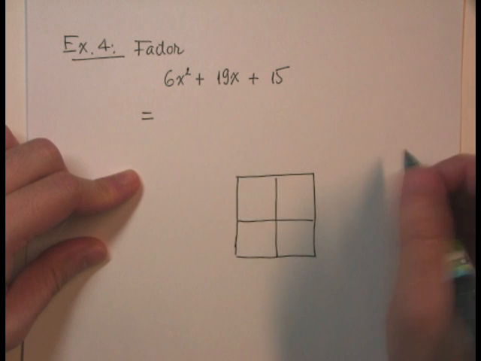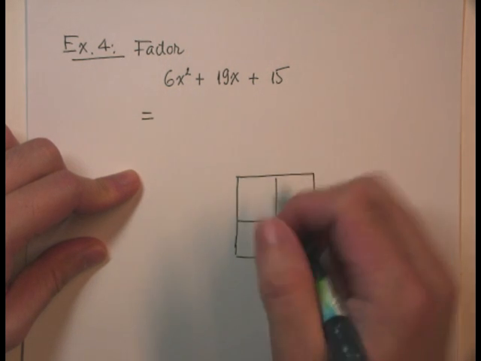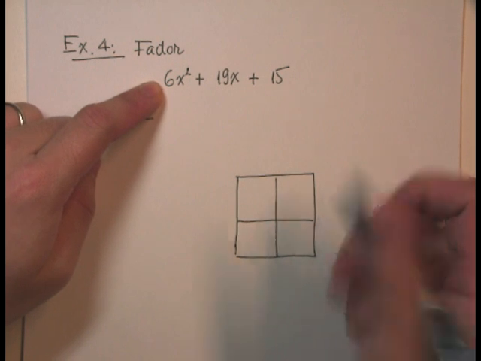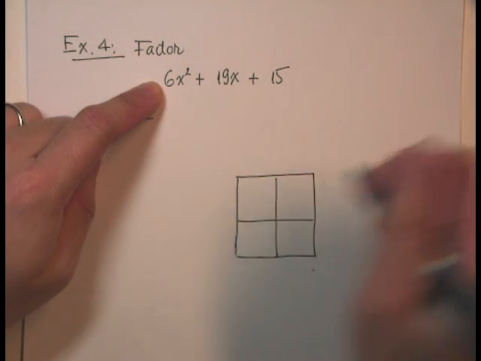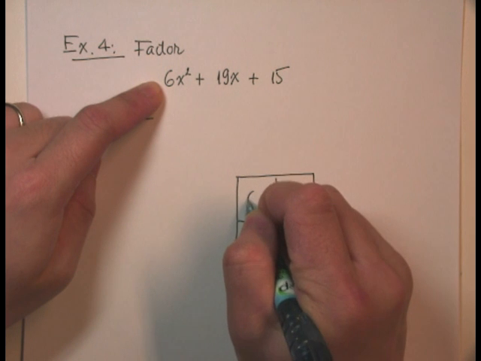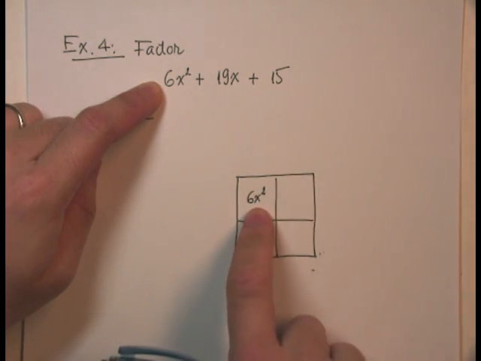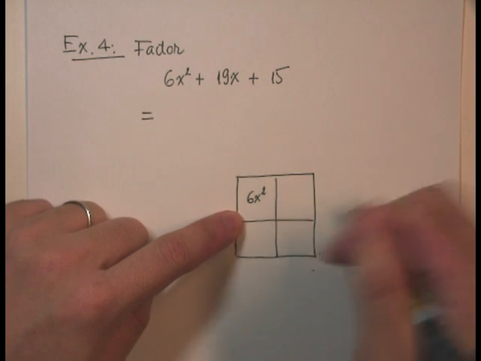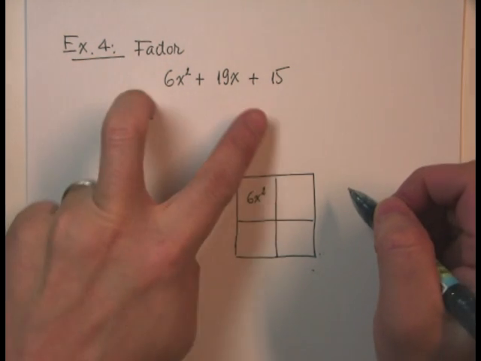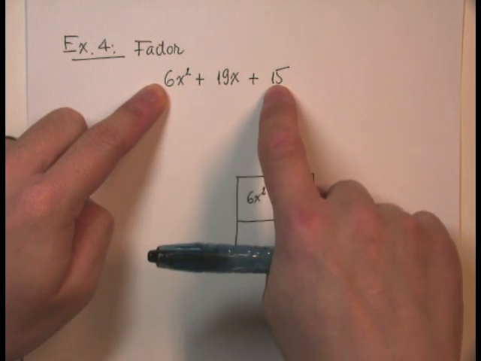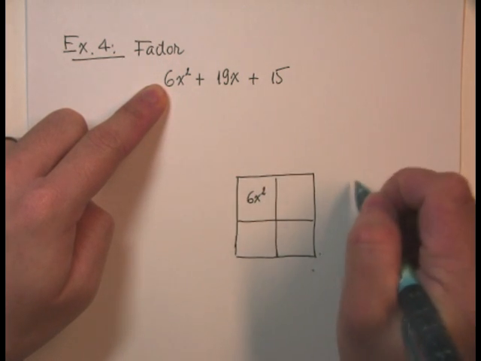Always my leading term, or the first term of the quadratic, I'm going to put in the upper left entry of the square. So here it goes, 6x squared. And now the next step is to multiply 6, which is my leading coefficient, with 15, which is my ending coefficient, including signs.